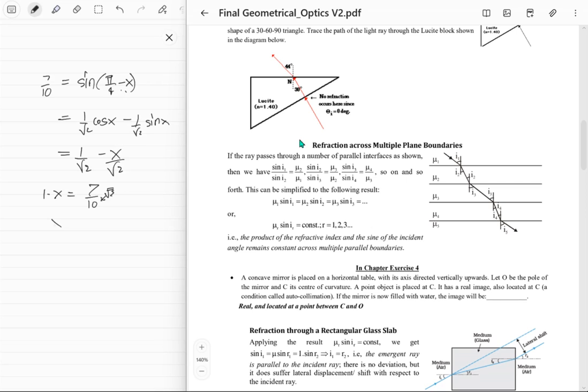So x is just equal to 1 minus 7 upon 10 times square root 2. This is in radians, so you will have to convert that to degrees. And in doing so, it might just become 1 degree, whatever.